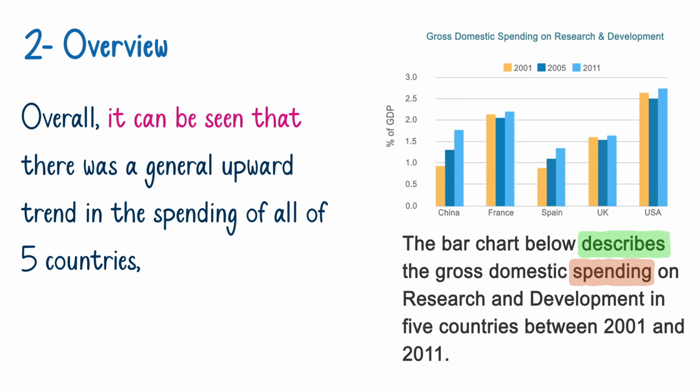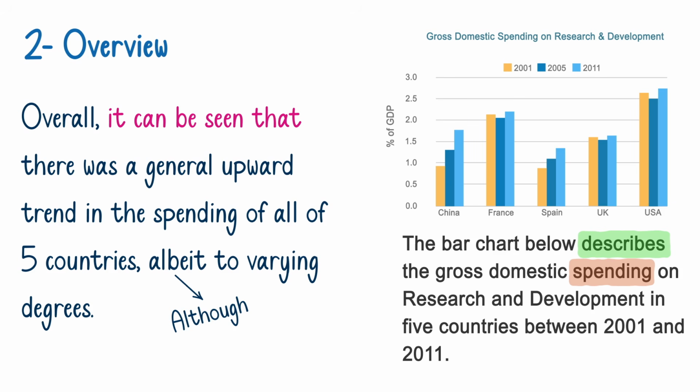So, overall, it can be seen that there was a general upward trend in the spending of all of the 5 countries, albeit to varying degrees. Albeit to varying degrees. So, when you use this word, albeit, it means although, right? So, that is a good word you use when you want to talk about contrast, to varying degrees.